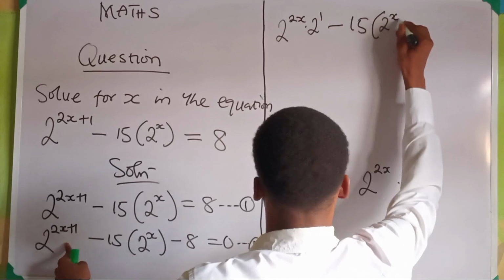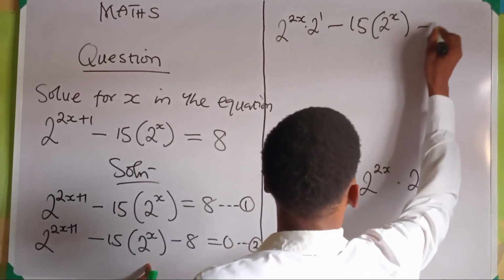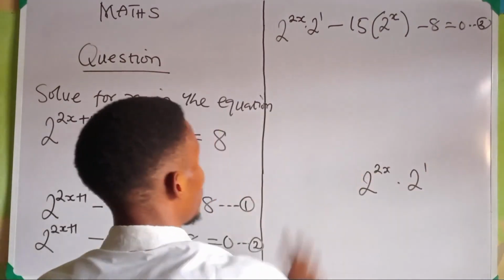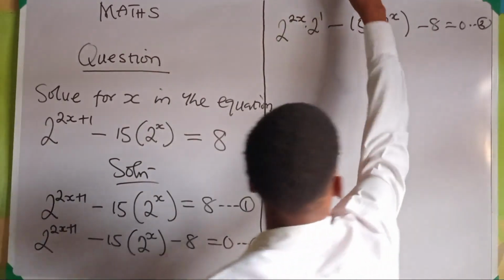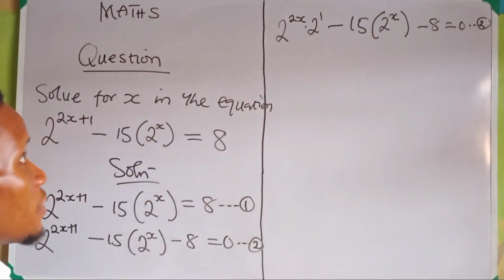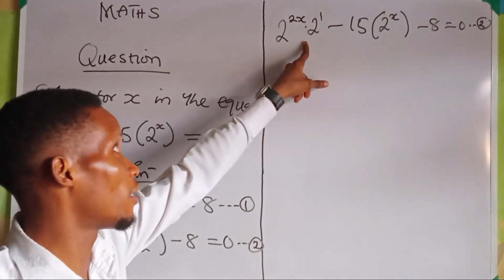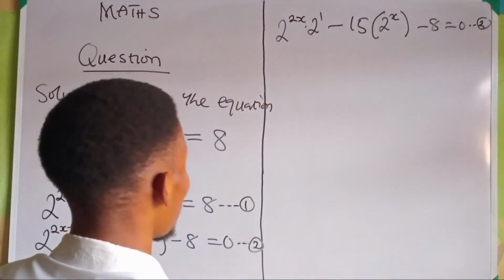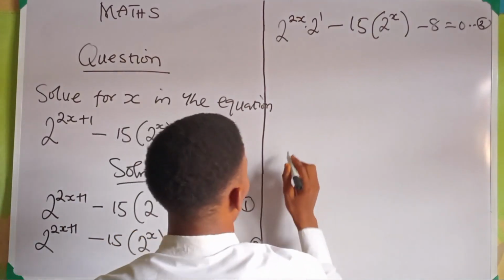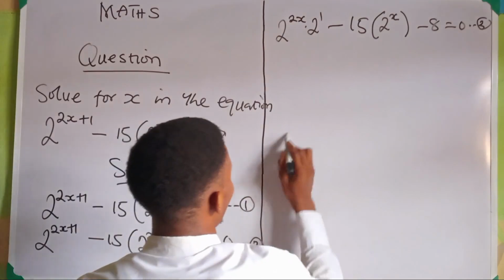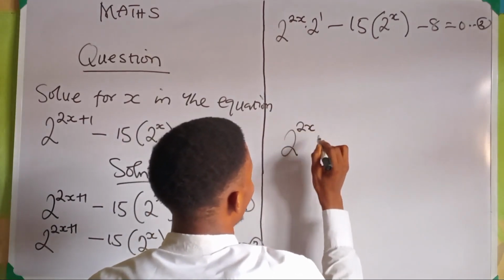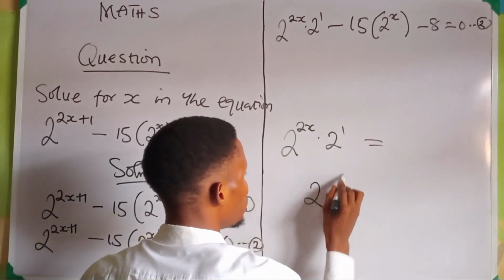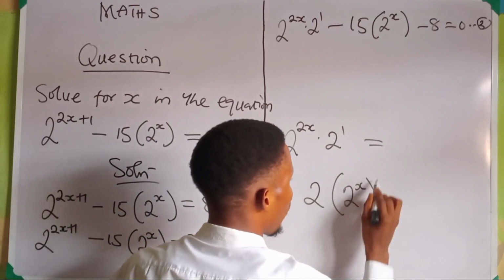then minus 15 bracket 2 raised to the power x, minus 8 is equal to 0. This is our equation 3. So the next thing you need to do, if you look at this particular side of the equation, you also recall that 2 raised to the power 2x dot 2 raised to the power 1 is the same as 2 bracket 2 raised to the power x all squared.